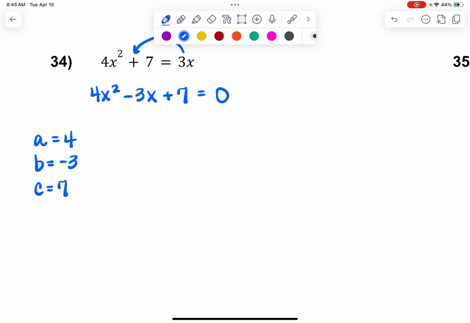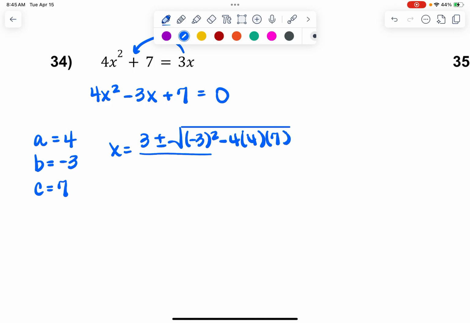All right, so here we go. X equals negative b plus or minus square root of b squared minus 4ac, right, all over 2a. All right, so second step, I just kind of like to get my little template going, and I go ahead and multiply my denominator, my 2a, which is just going to give us 8.